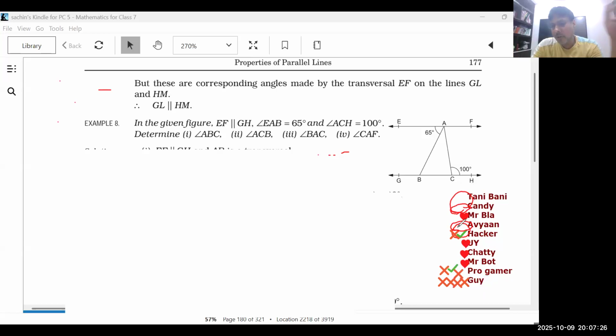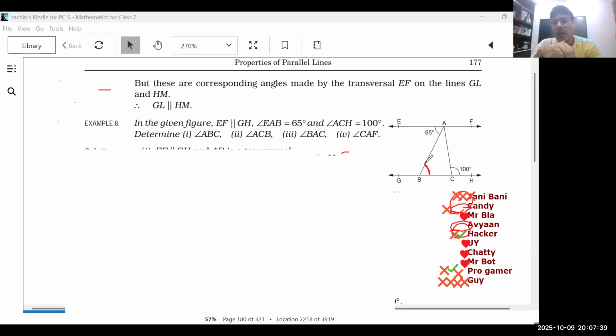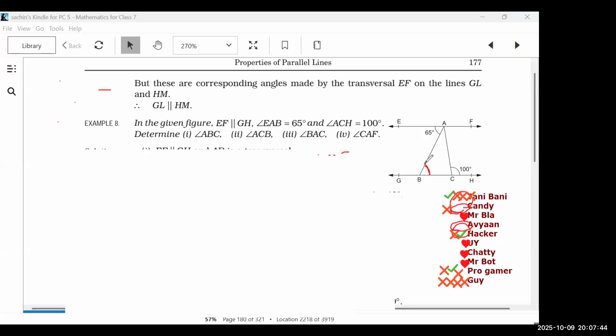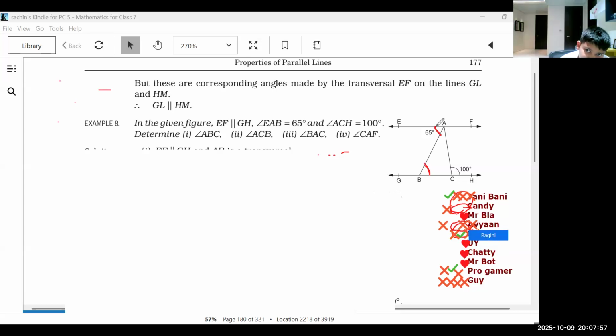So those who got the first question wrong, just tell me how much will be this angle. I got 50 degrees. How? Can you tell how much this angle will be? 65.